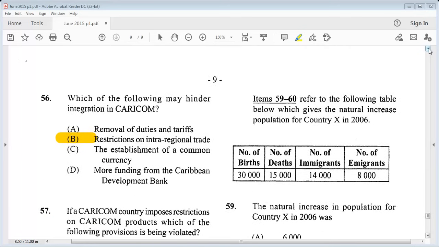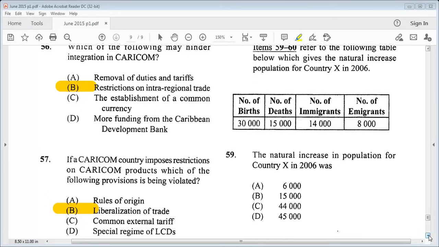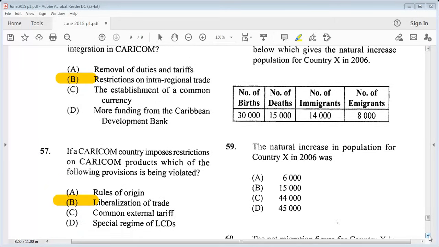Items 59 and 60 refer to the following table, which gives the natural increase in population for country X in 2006. So we have number of births, 30,000, number of deaths, 15,000, number of immigrants, 14,000, number of emigrants, 8,000. 59 says the natural increase in population for country X in 2006 was, we know it is D, 45,000.